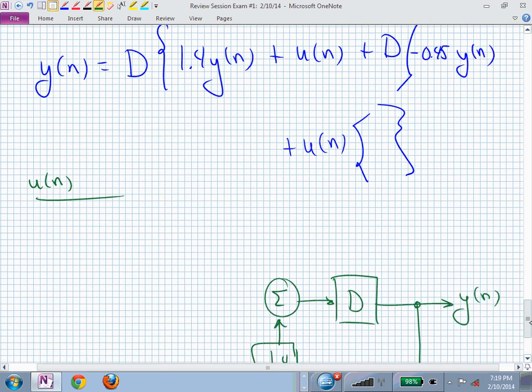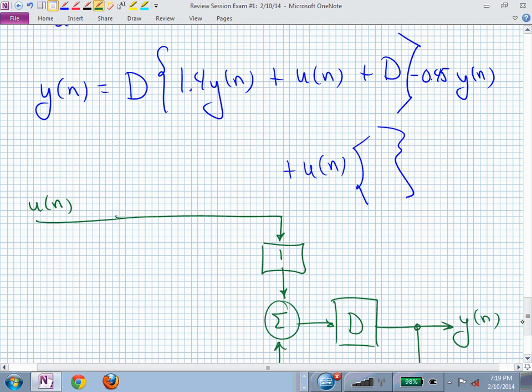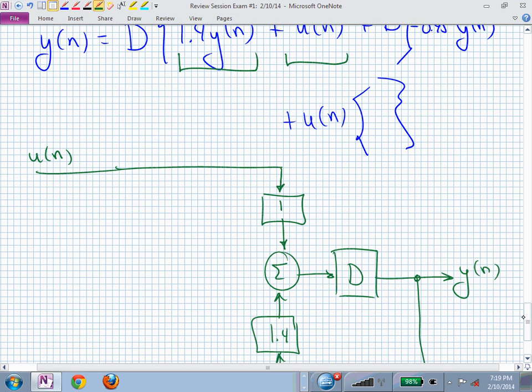Now I'm kicking myself for not scaling these inputs. I now need a scaled U, but it's scaled by 1, so I'll artificially do that. Now I've accounted for this piece and this piece, and those will pop out of this delay block and give me Y of n, but I have another term coming out of another delay block, don't I?